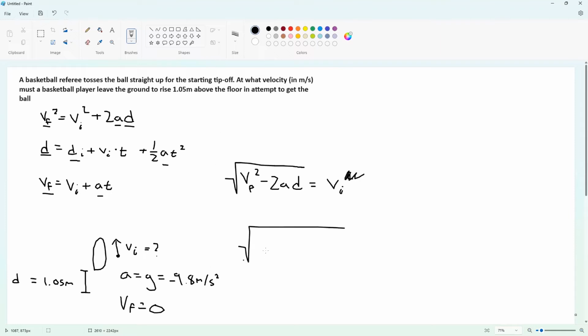Our velocity final is going to be 0, and then we square it, minus 2 times the acceleration, which is going to be negative 9.8 meters per second squared, times distance, which is going to be 1.05.